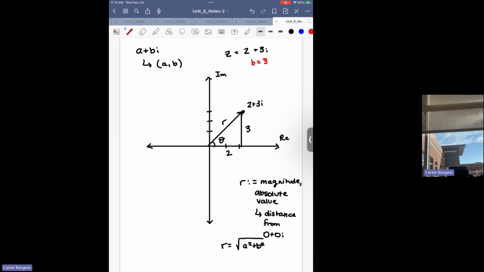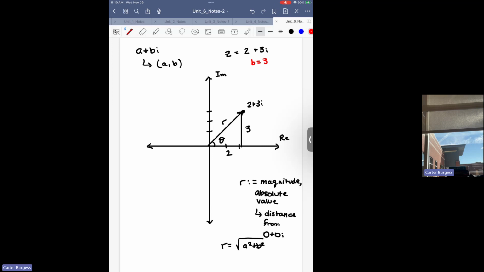So think of this as being the x and then the plus i component as being the y. So z is just like the variable that we use for complex numbers.